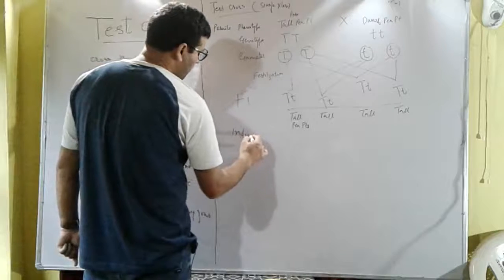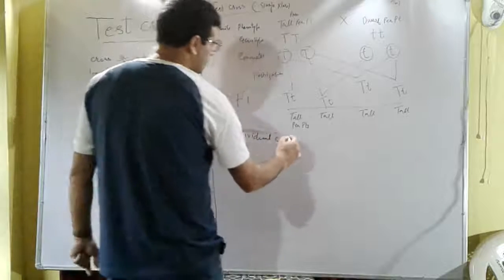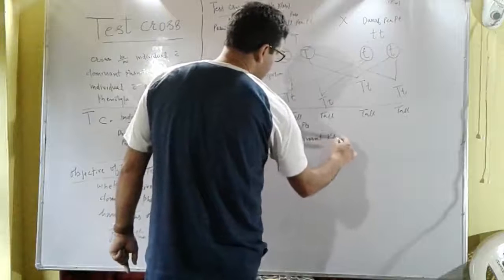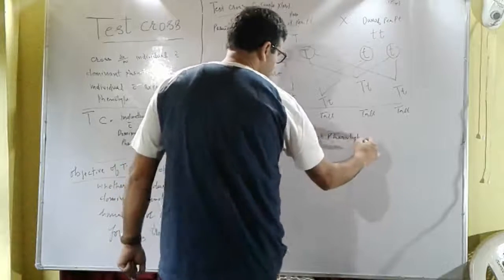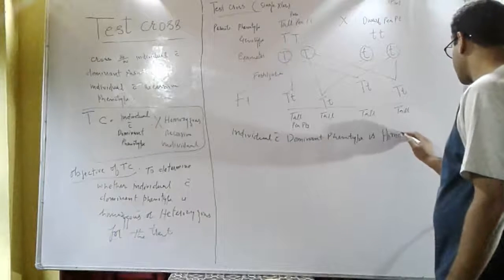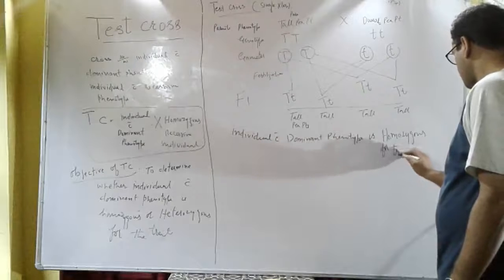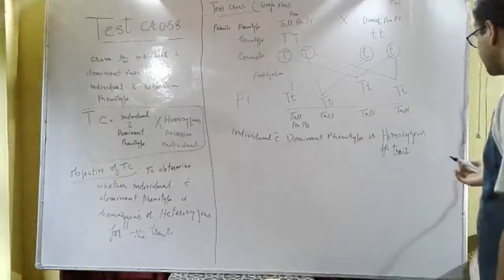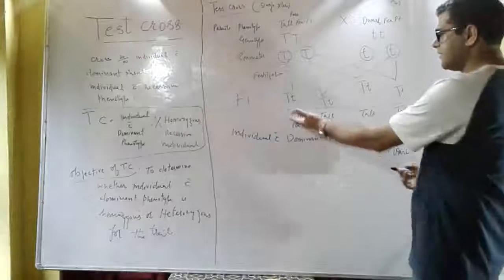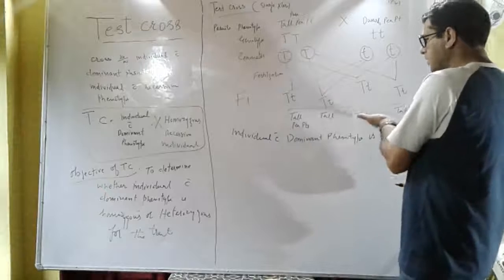Individual or parent with dominant phenotype is homozygous for the trait. That is why it is homozygous for the trait, because in the F1 generation we obtained only the dominant trait.